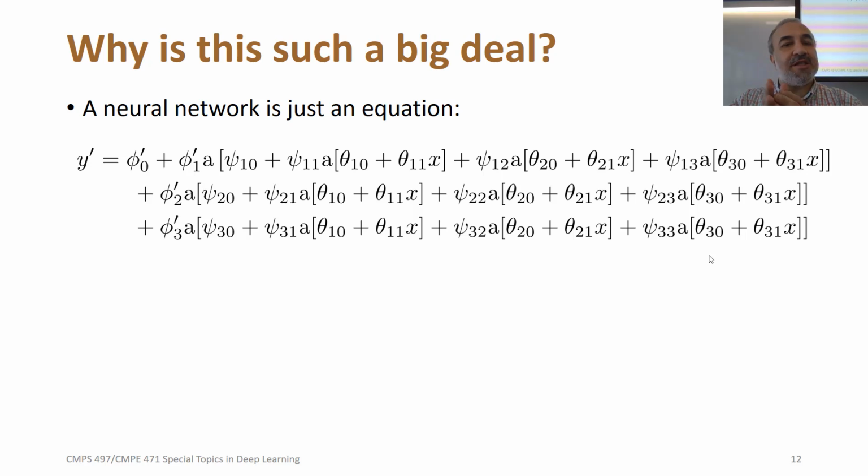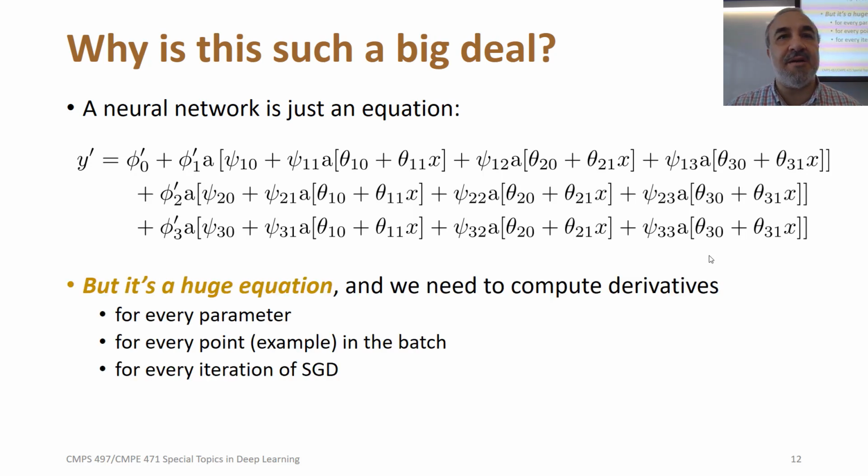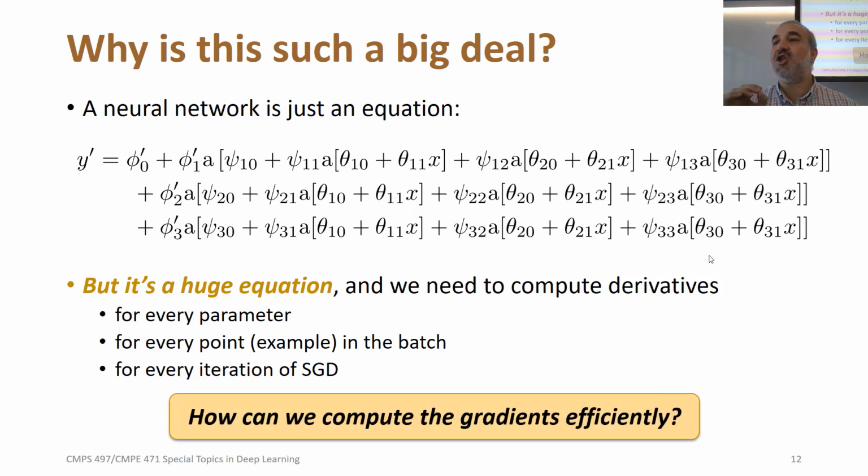So even though, as I said earlier in the course, a neural network is just one equation, right? But of course, it is a very complex equation, and it will be a huge effort to compute the derivative for every parameter, for every training example, and for every iteration. So we need an efficient way of doing that, and this is what, inshallah, we'll discuss in this session.